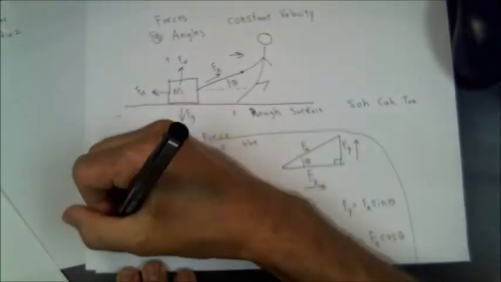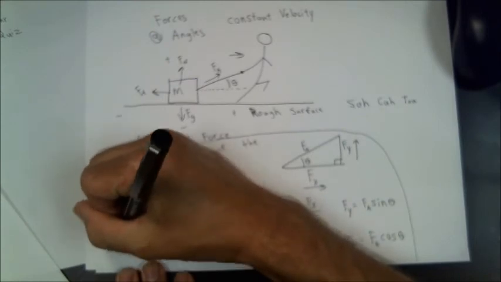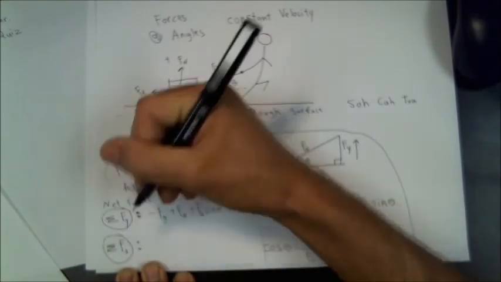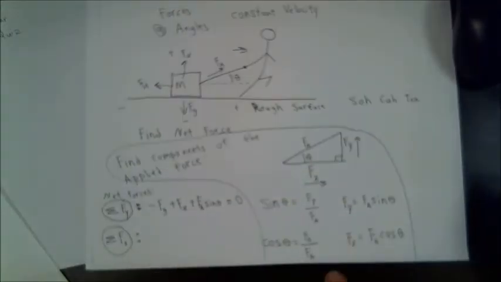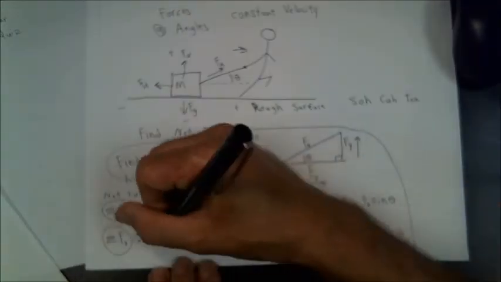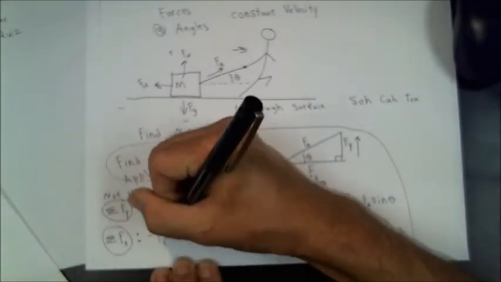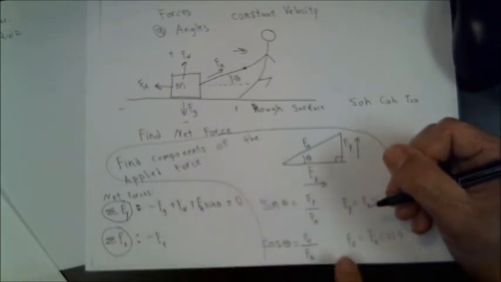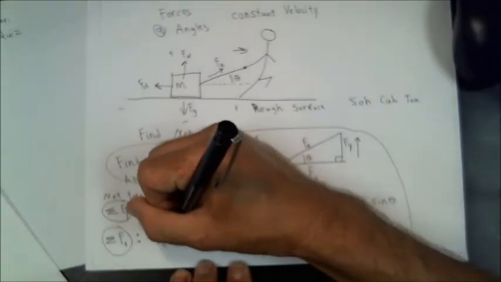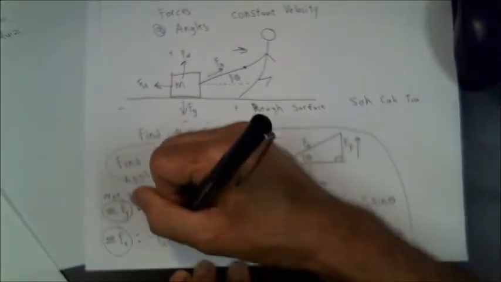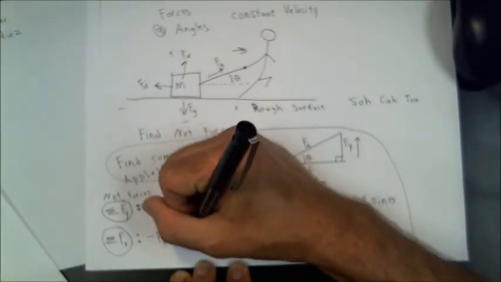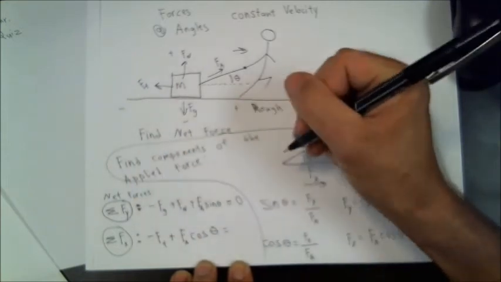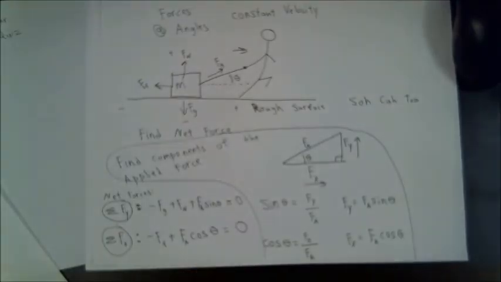Okay, now I'm going to do the same thing in the x direction. Sum of the forces in the x direction is, I have a negative frictional force, negative F_f, and that's the only one other than this one. So negative F_f plus the positive F_x, which is F_A cosine of the angle theta, and there's no acceleration, 0.